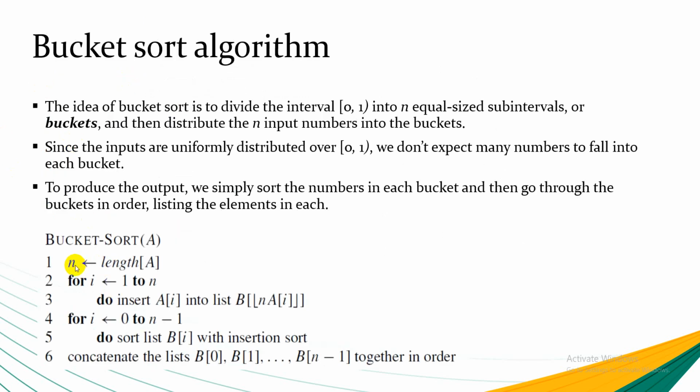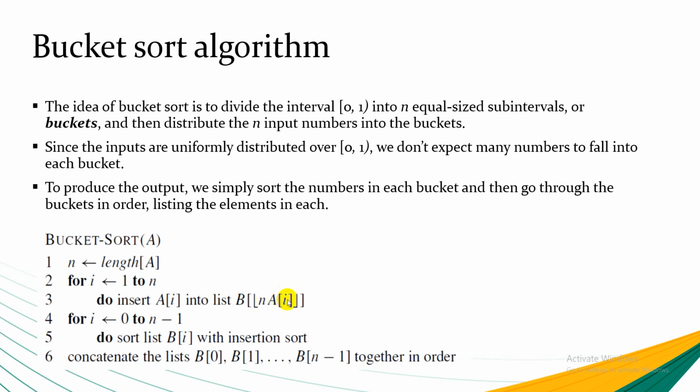So n is the length of the array. Then for i equal to 1 to n, we insert A[i] into list B[floor(n·A[i])]. What does this mean? This means the lower bound. For example, let's say A[i] is equal to 0.45, and n is equal to 10.